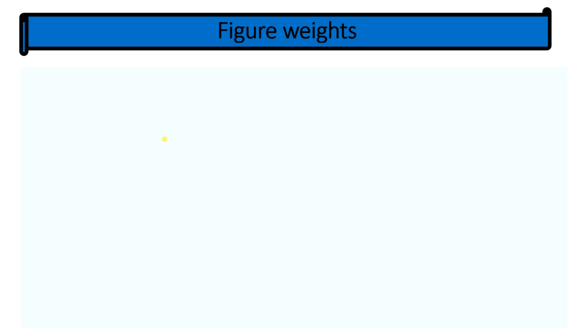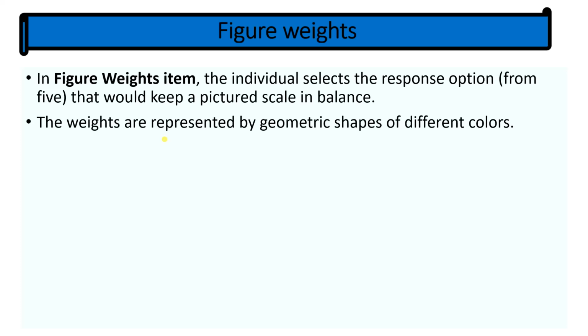Now, the figure weights. In the figure weights item, the individual selects a response option, and there are 5 response options that would keep a pictured scale in balance. Scale means the weighing scale.